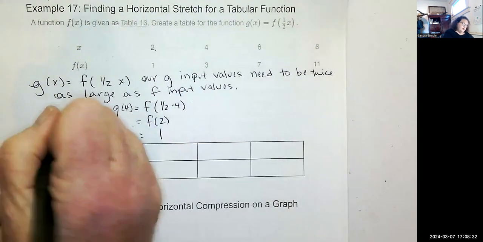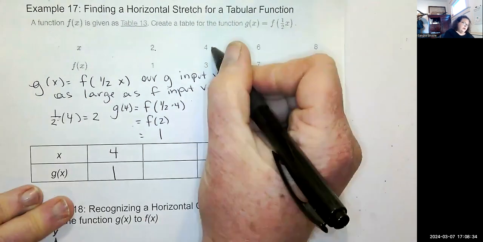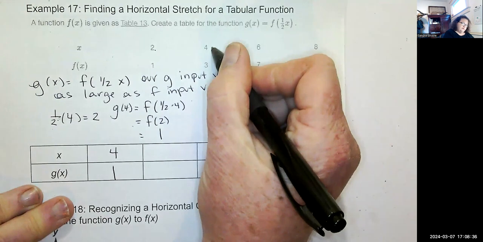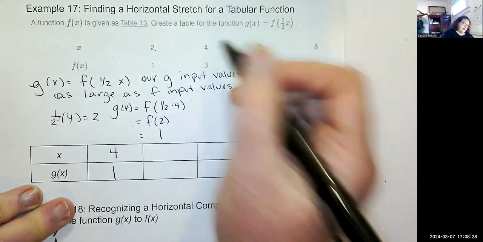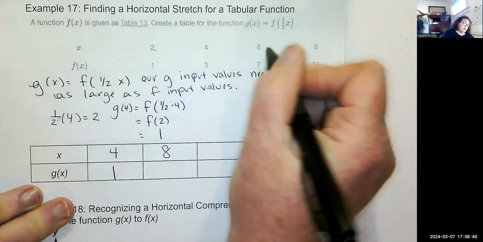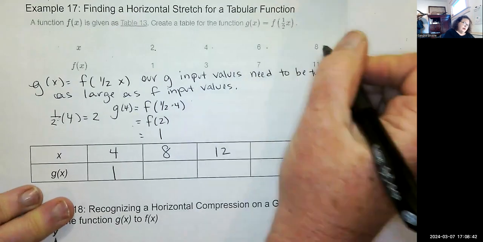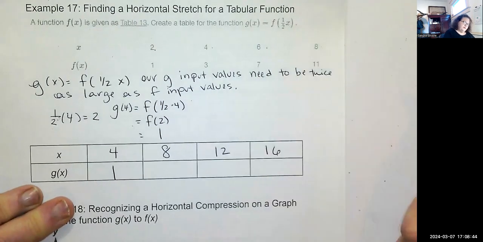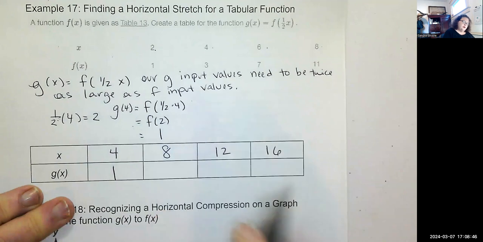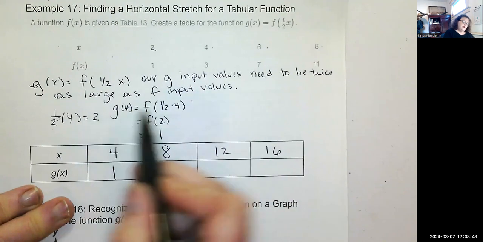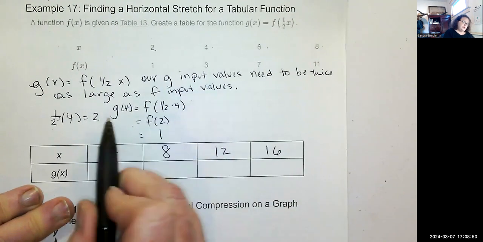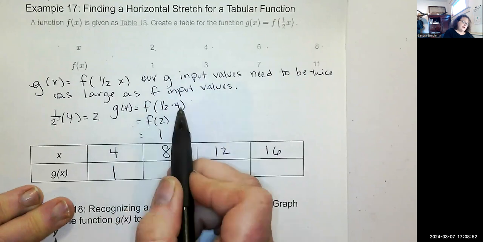The next one, we need to double the 4 basically. 4 times 2 is 8. 6 times 2 is 12. And 8 times 2 is 16. For each of those values, g of 8 will give us f of half of 8.